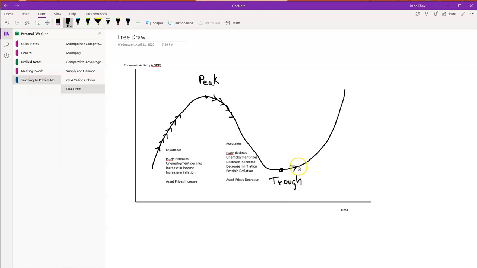And then the period right after the trough is a time where we're not sure how things are going. We're not 100% sure if things are getting better or not. Some of the data is telling you that it is, some of it is not. We call this period the recovery. And once we have hit the previous peak, then we start calling it an expansion again.